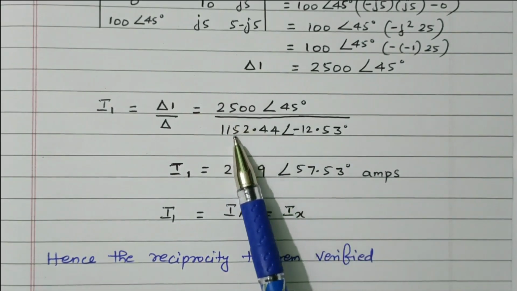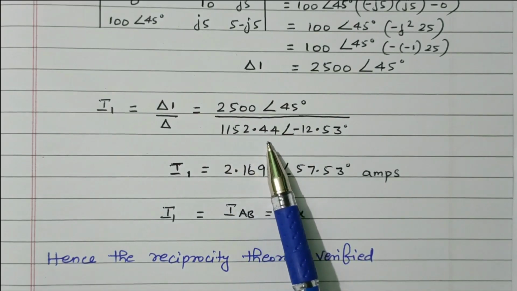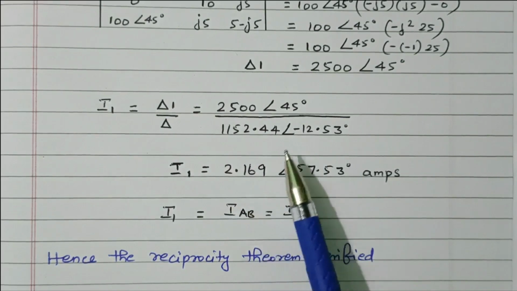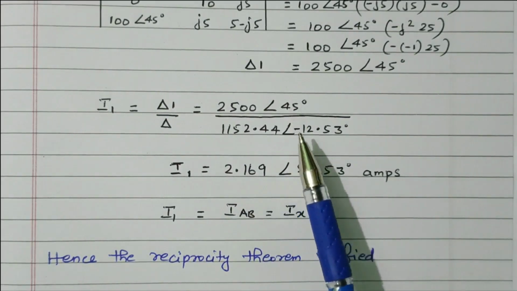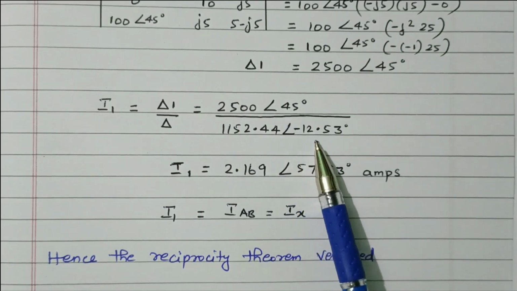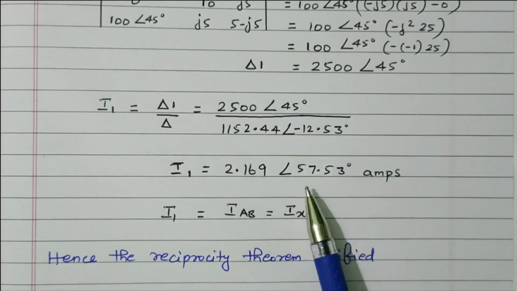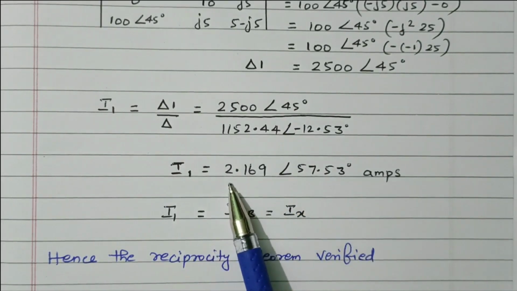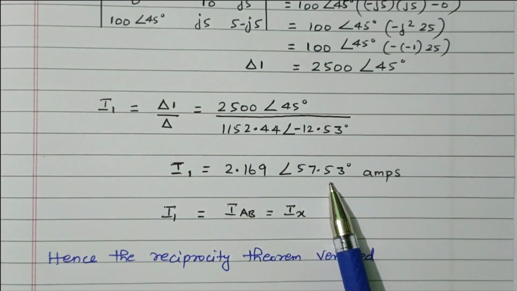So we divide 2500 by 1152.44, that is nothing but 2.169. For the angle we have to subtract: division means 45 minus of minus 12.53, so it becomes 45 plus 12.53, that is 57.53. So the I1 value is 2.169 ampere with an angle of 57.53.